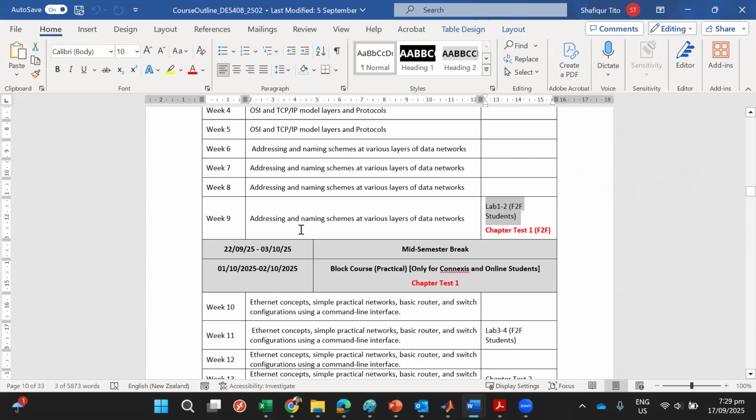Today's lecture is very important for you, because if you don't understand this one, you won't be able to do the pre-test activities. This is true for the block course also, which will be on 1st and 2nd October.